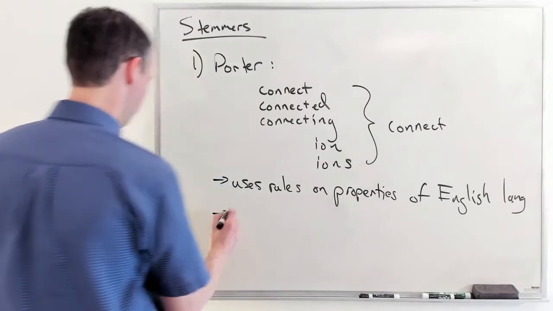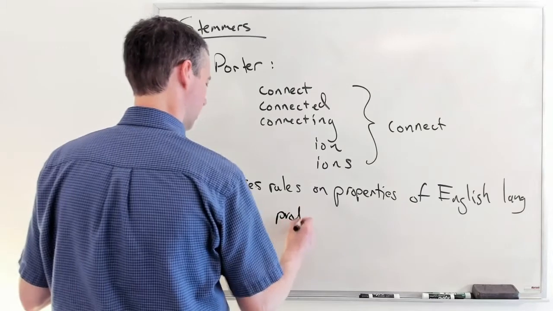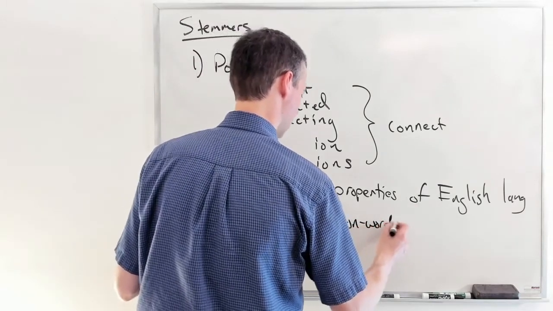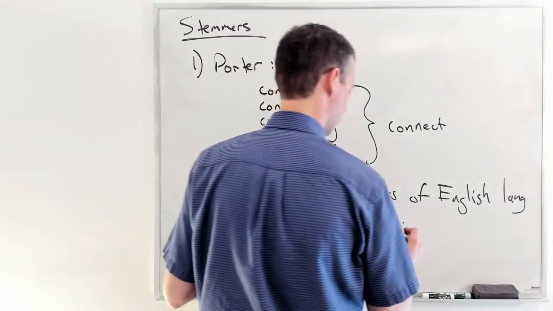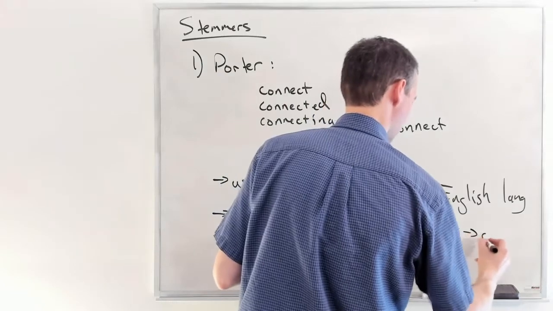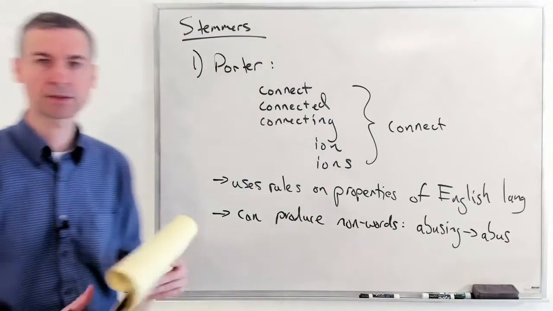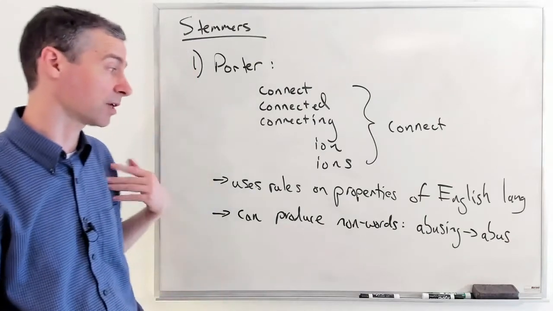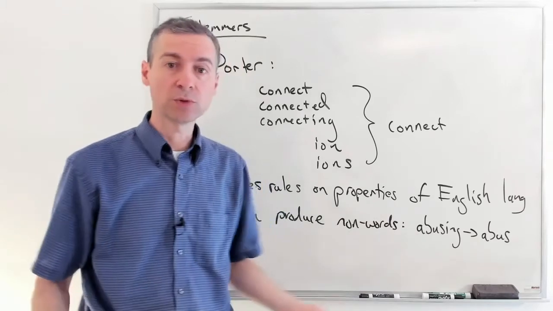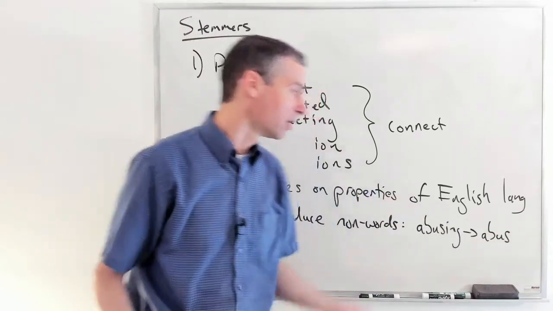One of the problems with it is that it can produce non-words. You start with a word such as abusing, and it gets stemmed to abus, which is not an English word as far as I know. The real stem should of course be abuse with an E on the end, but that's not what the Porter stemmer turns it into.